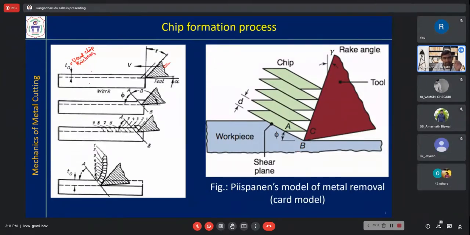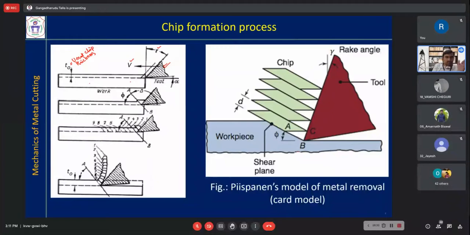Okay, your intention is to cut the material up to that depth in one pass. And of course, V is cutting velocity. So gamma here is showing the rake angle. Okay. And alpha is showing the clearance angle.